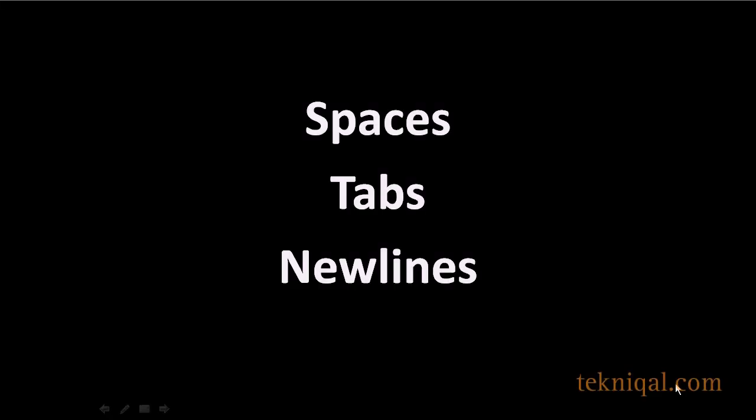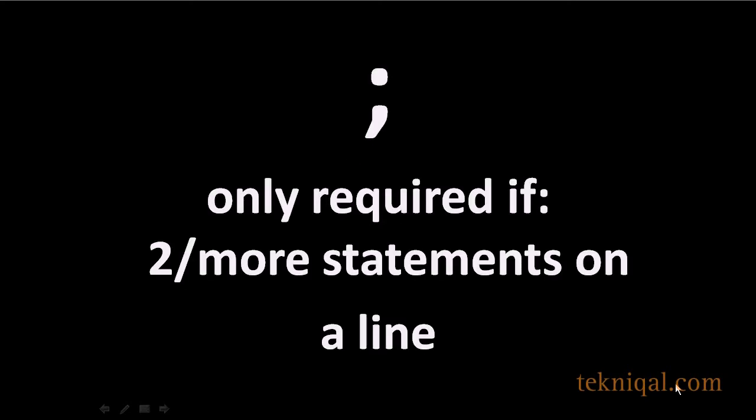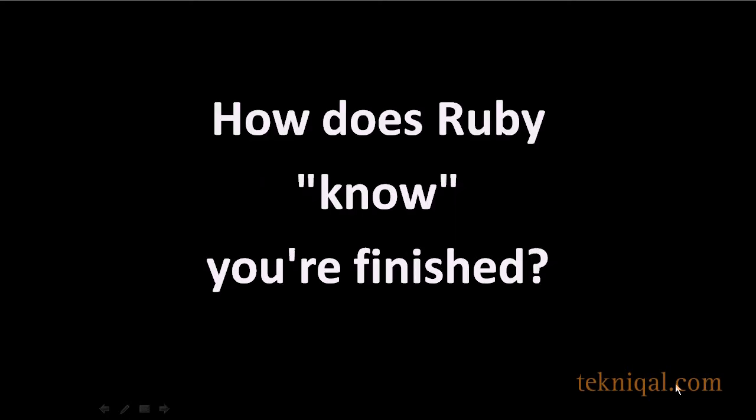So to sum up, in Ruby, whitespace takes the form of spaces, tabs, and new lines, which are generally ignored by the compiler. Unlike languages like Java and C++, where a semicolon is required to complete a statement, in Ruby you're only required to do that if you have more than one statement on the same line.